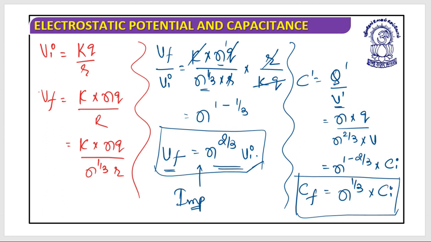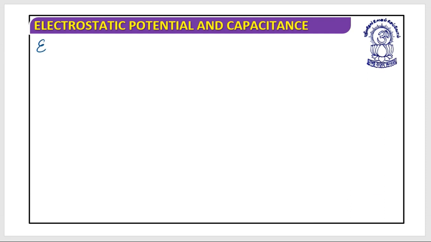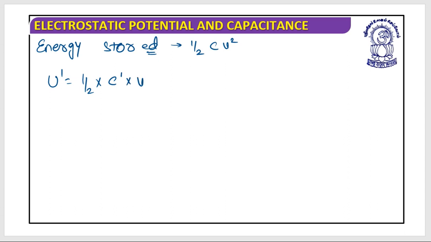Is it clear? Now what remains? Yes, the energy stored has been left. So how can I do this? For the energy stored, what I can do is half CV square. So the new energy is equal to half into C dash into V dash square.